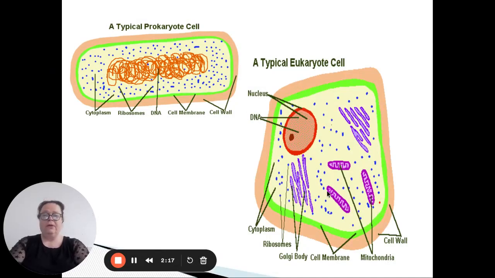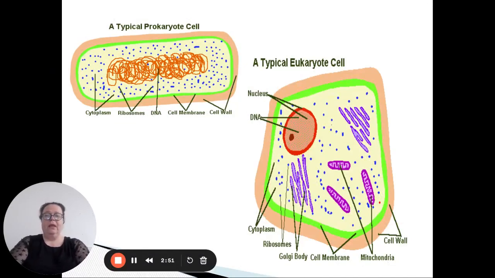So we'll have mitochondria in a eukaryotic cell, but they're too big to fit into a prokaryotic cell. So there will be no mitochondria. There are ribosomes. You can see these little blue dots. They're in both, but no mitochondria. So that's two little clues to look for if you're not sure whether it's a prokaryotic cell or a eukaryotic cell. The nucleus and where the DNA is, and then looking to see if there's any mitochondria.